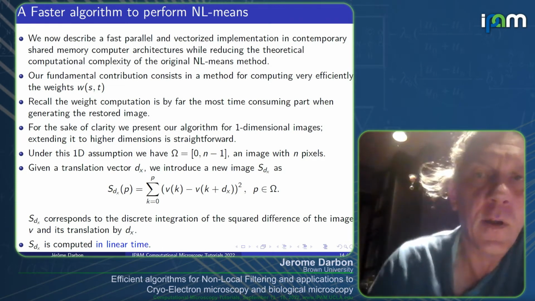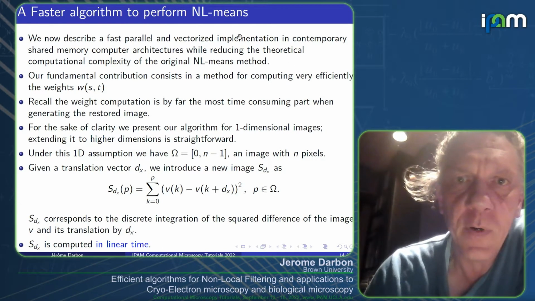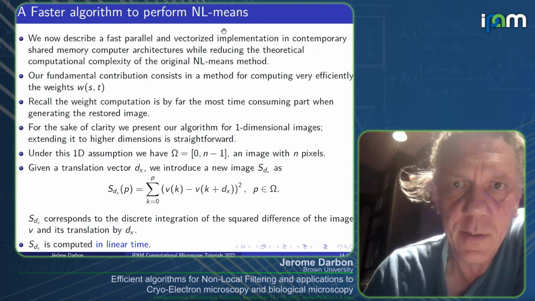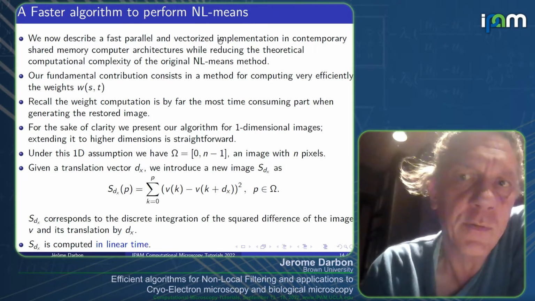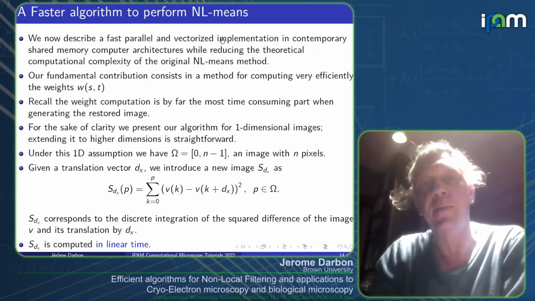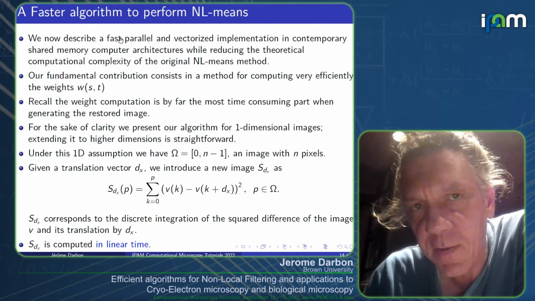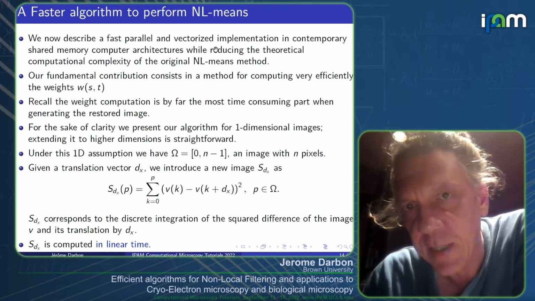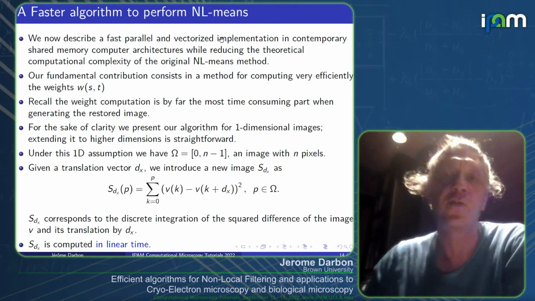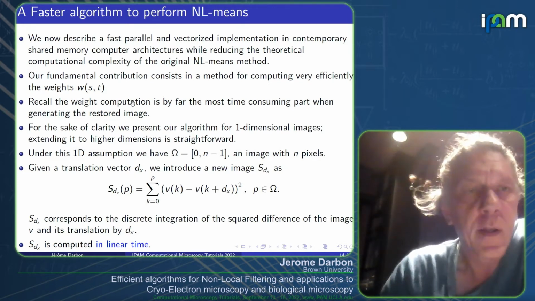So vectorization is a key point that is crucial when you want to have performance in image processing. It's much more important than the number of cores that you have. Vectorization implementation is crucial for performance.